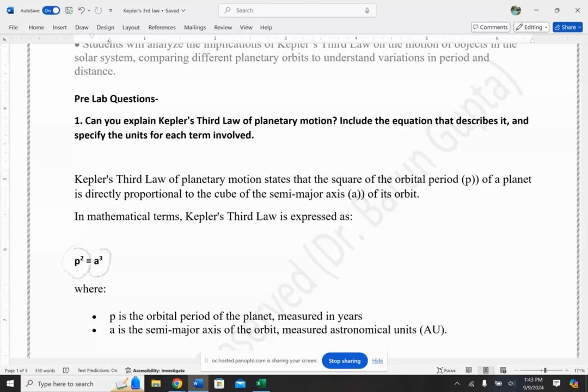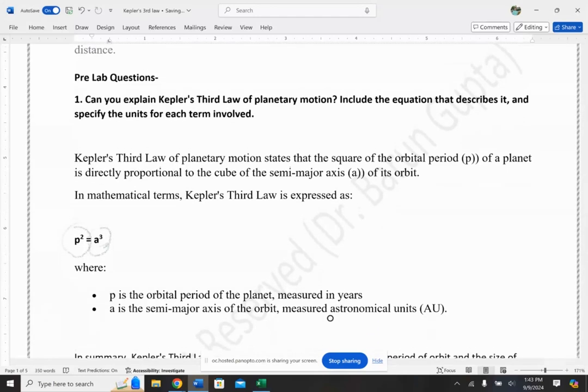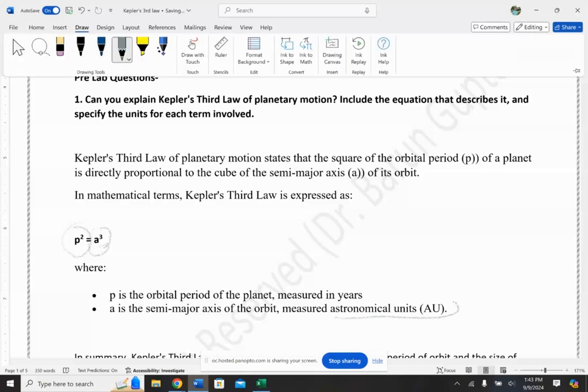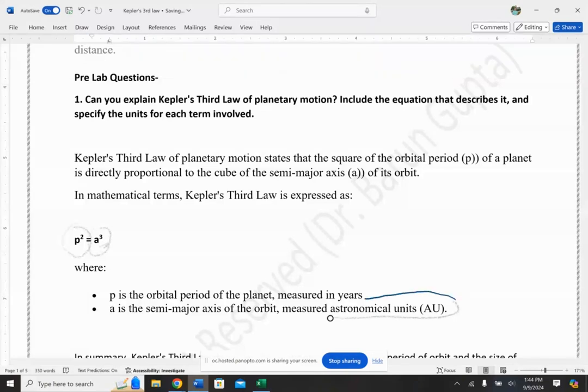P squared is the orbital period measured in years, and a is the semi-major axis, or the average distance between the Sun and the planet, and it must be measured in astronomical units, AU. What is the astronomical unit? The astronomical unit is the distance between the Earth and the Sun.